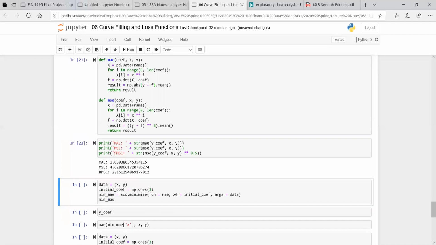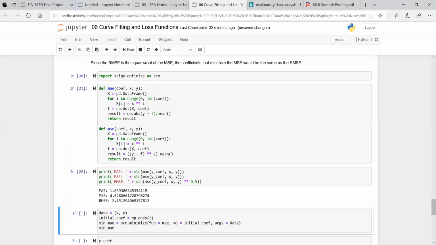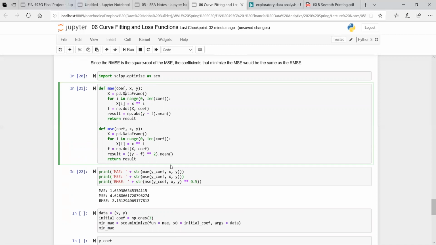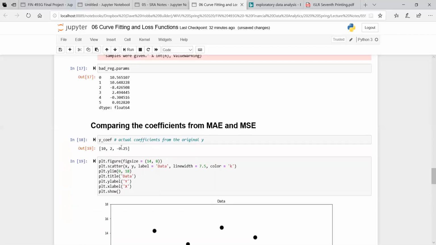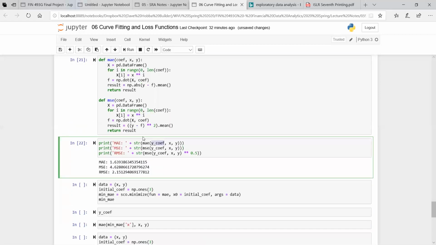So here, this would be the actual coefficients for the function. So 10 plus 2x minus 0.25x squared. For the original function, the mean absolute error is 1.64, the mean squared error is 4.63, and the root mean squared error is 2.15.